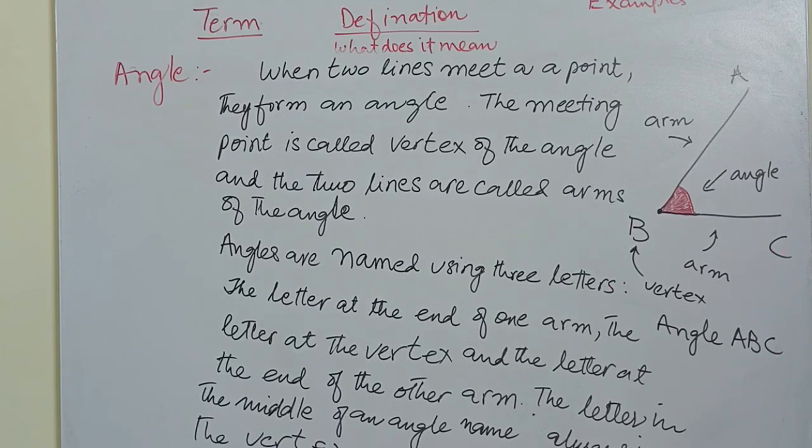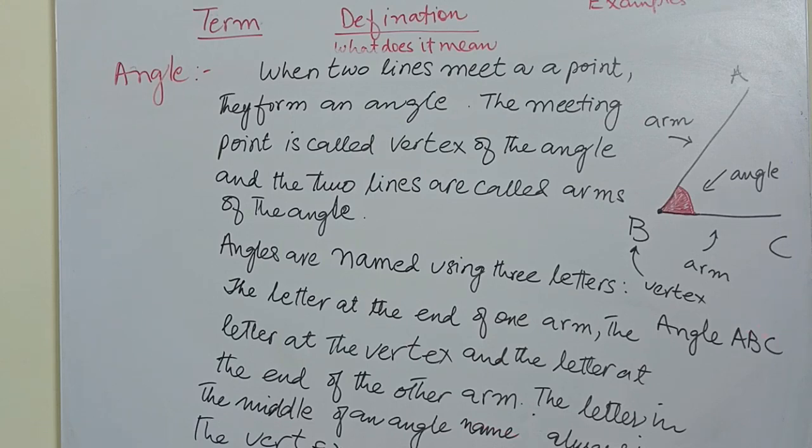So it constitutes angle ABC. The letter at the vertex and the letter at the end are the other arm. The letter in the middle of an angle name always indicates the vertex.